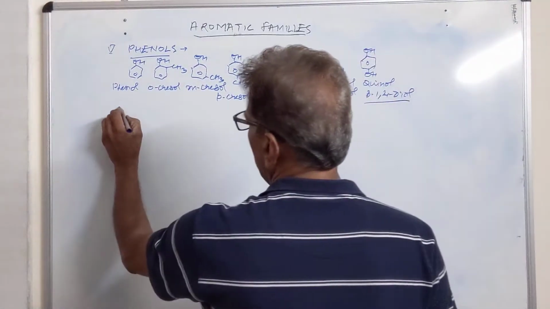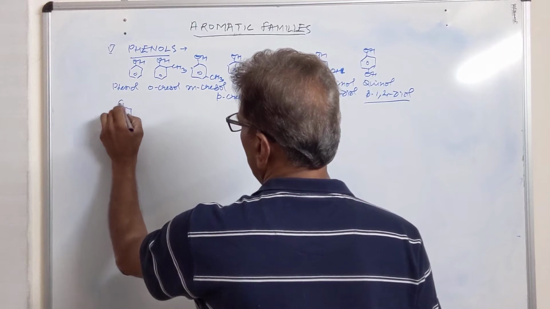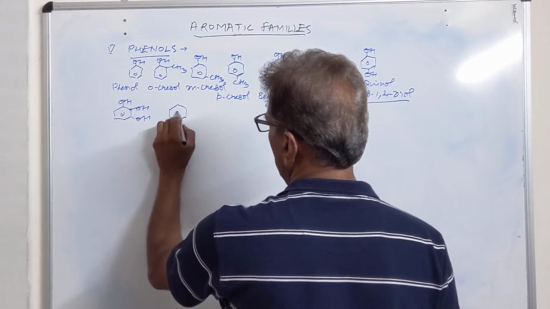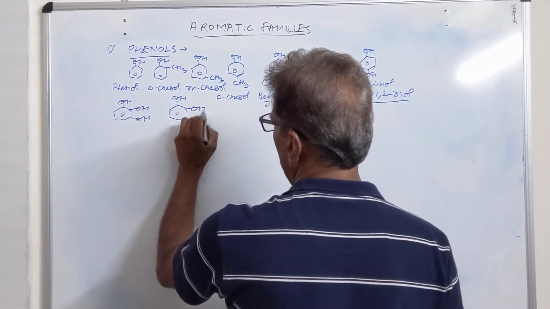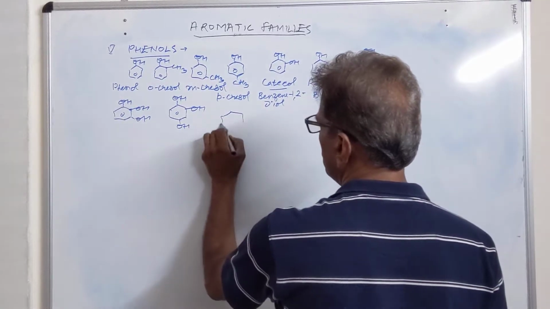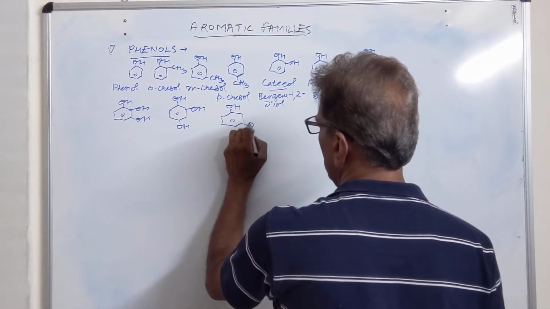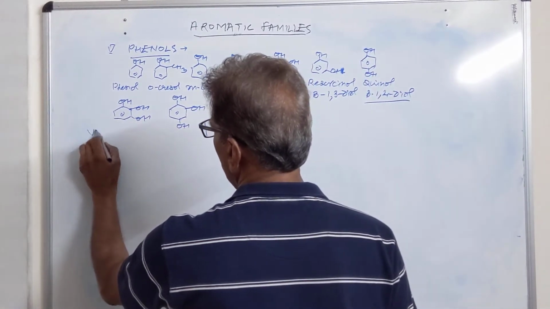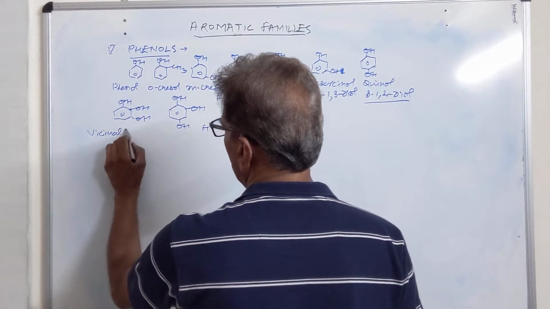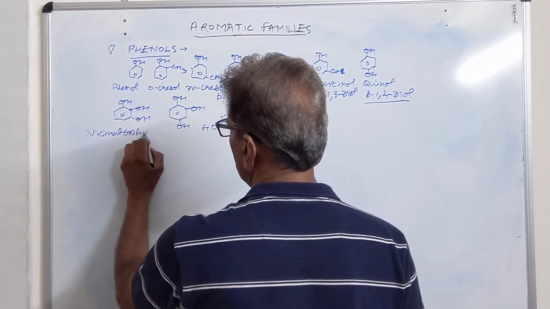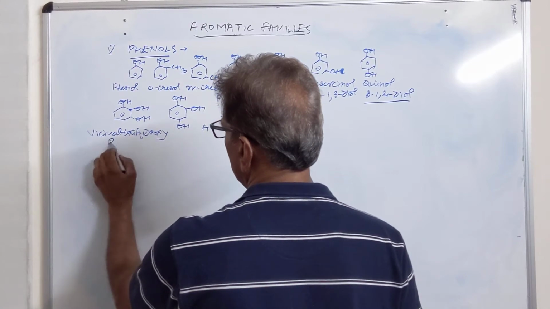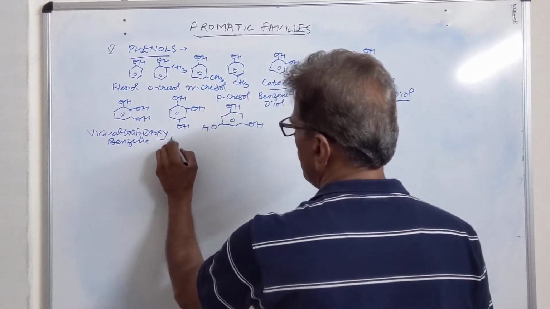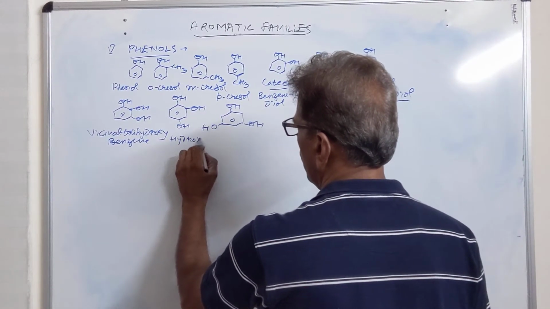Then we have trihydric phenols having 3 OH group, adjacent carbon, they are having vicinal OH group. Then we have unsymmetrical phenol, and then we have symmetrical phenol. This is called as vicinal trihydroxy benzene. This is called as hydroxyquinol, common name.